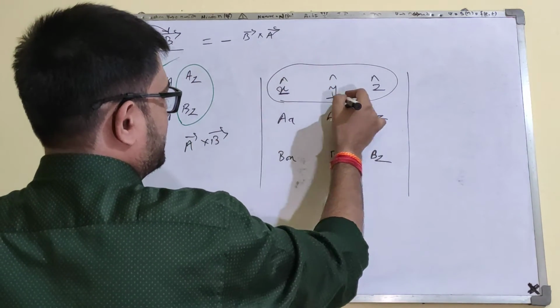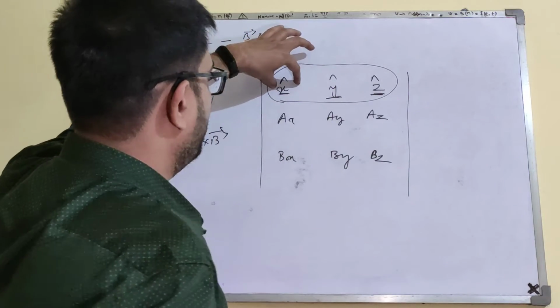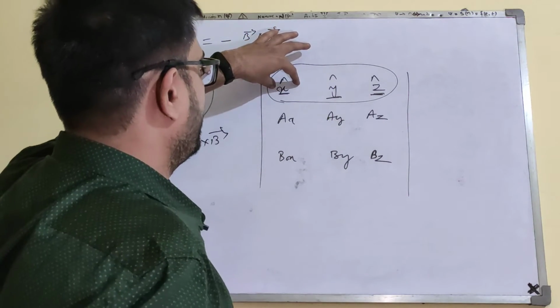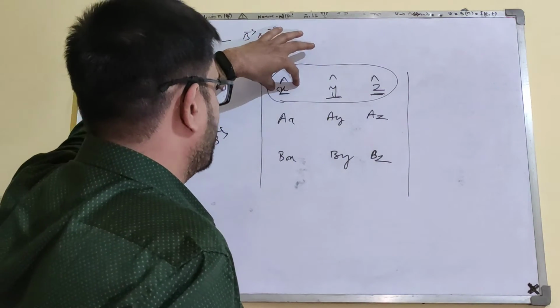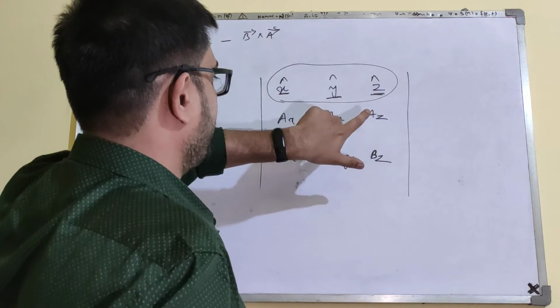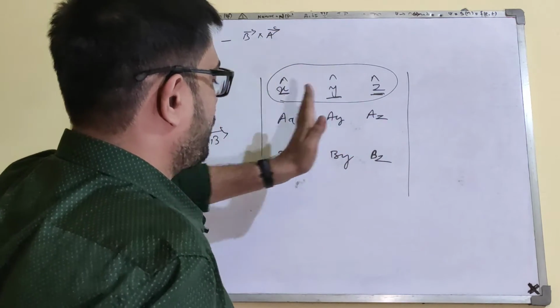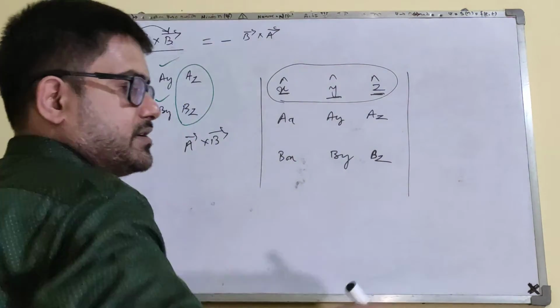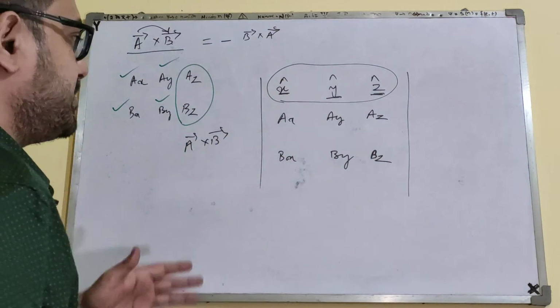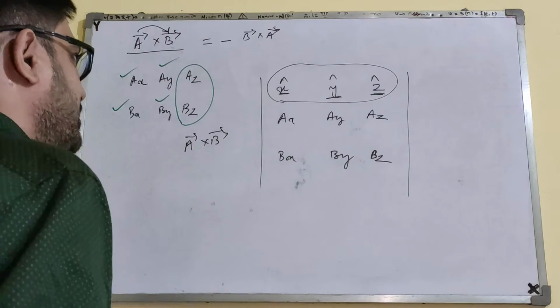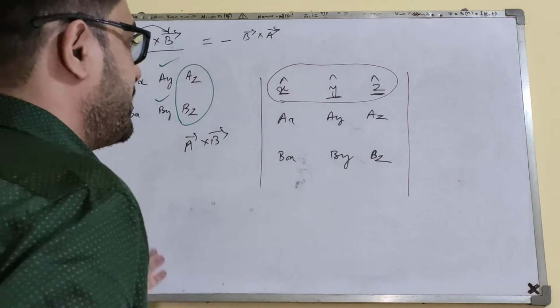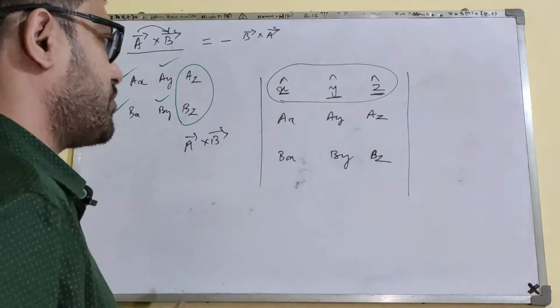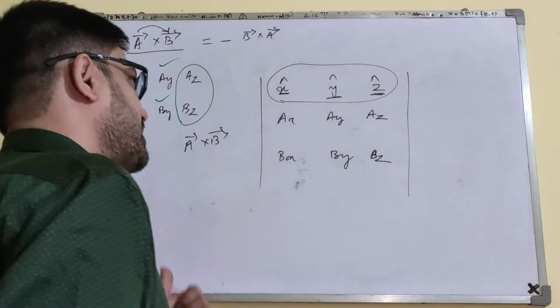Each entry of the first row is a unit vector, and it has a cofactor which is simply a scalar quantity. The rule of expansion of determinants takes care of the signed areas. Signed areas means whether the area has been covered in an anti-clockwise manner or in a clockwise manner.